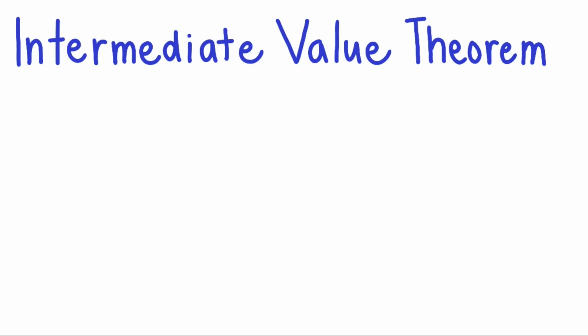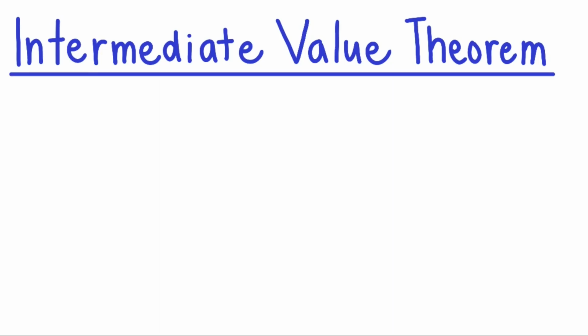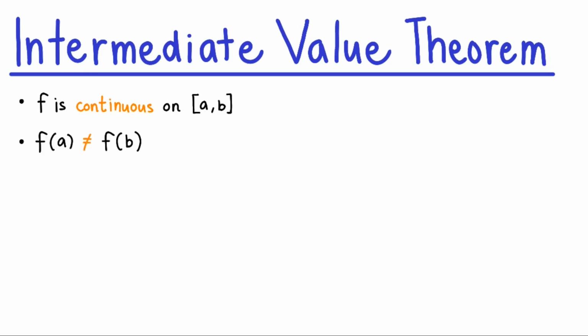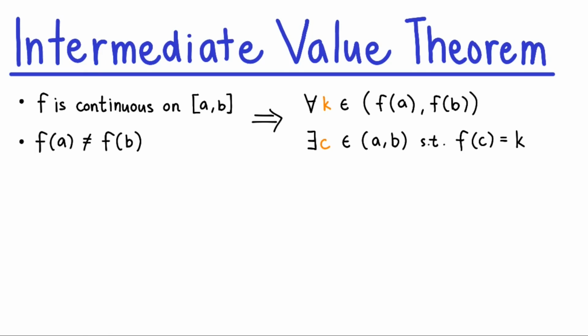The Intermediate Value Theorem, or IVT for short, states that if f is continuous on the closed interval [a, b], with the function values at the bounds being different, then for every k between f(a) and f(b), there exists c between a and b such that f(c) is equal to k.